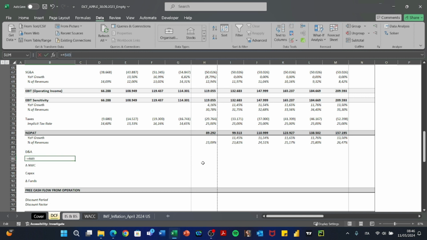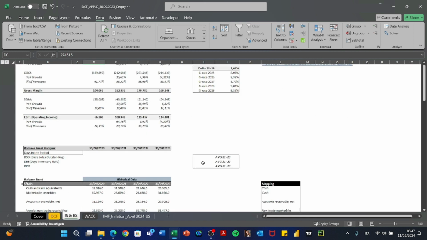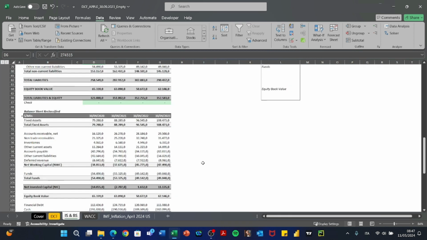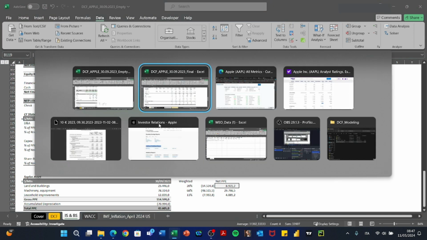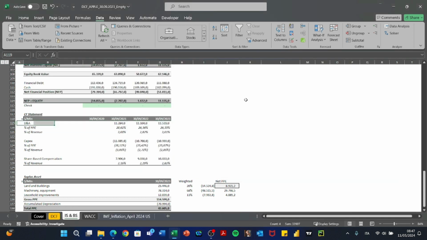Okay. Let's start with our D&A. This is quite simple actually. I have collected the D&A information from the financial statement, 11.5. And I did the same for the past 2 years, the 2 years previous to 2023.